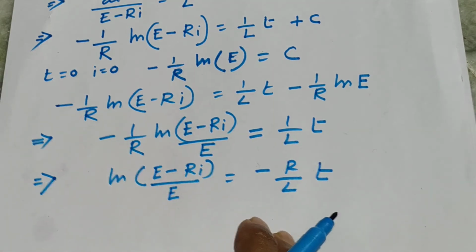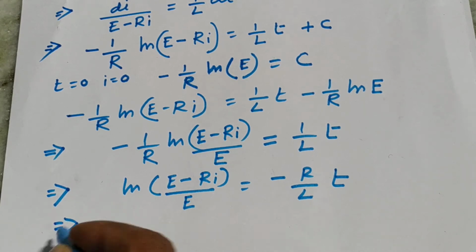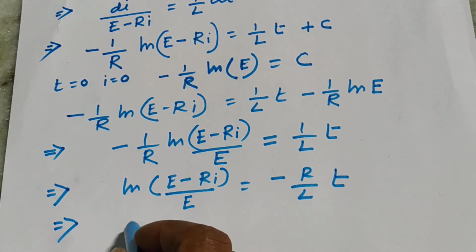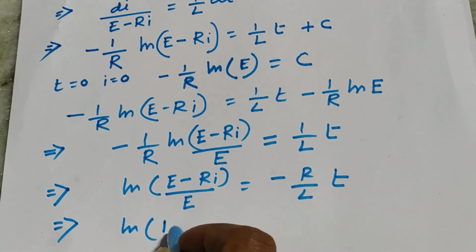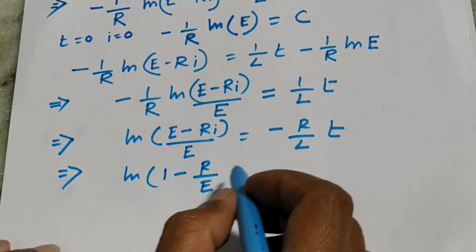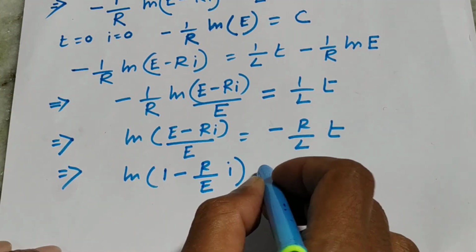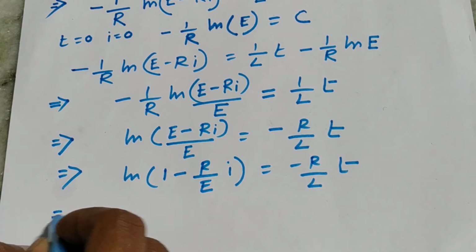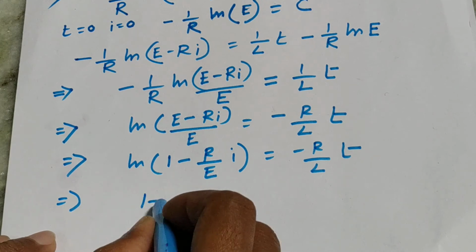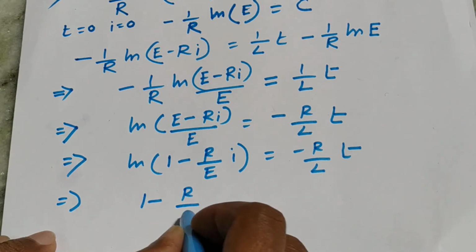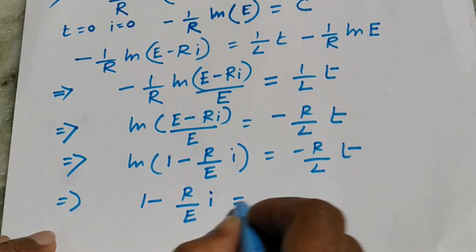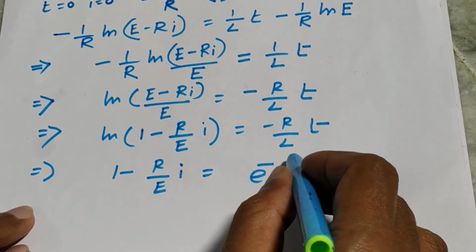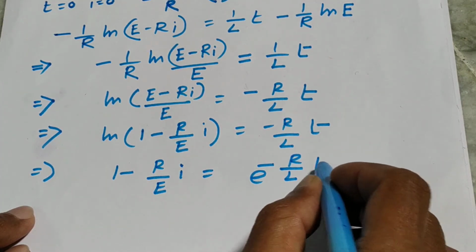Or 1 minus R by E I equal to exponential minus R by L t.